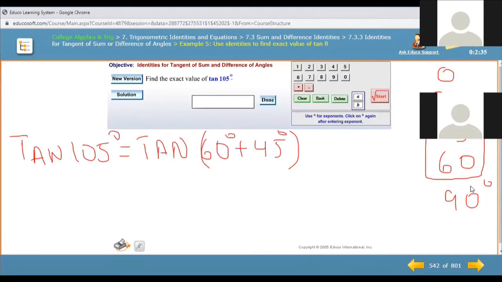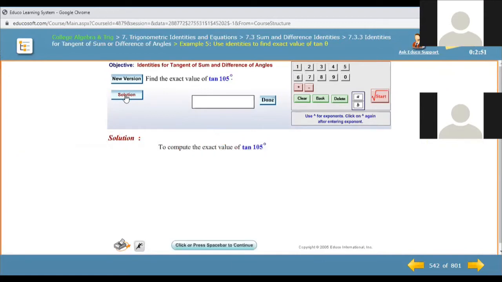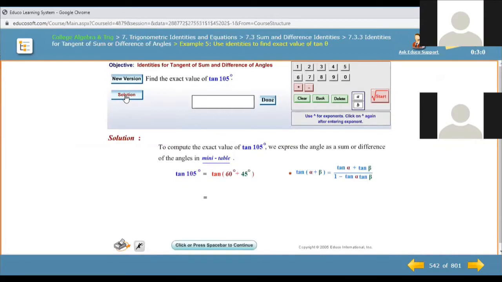Now I have to go back and start using my identities, tangent A plus B. What is tangent A plus B? Tangent 105 comes out to be tangent 60 plus tangent 45.